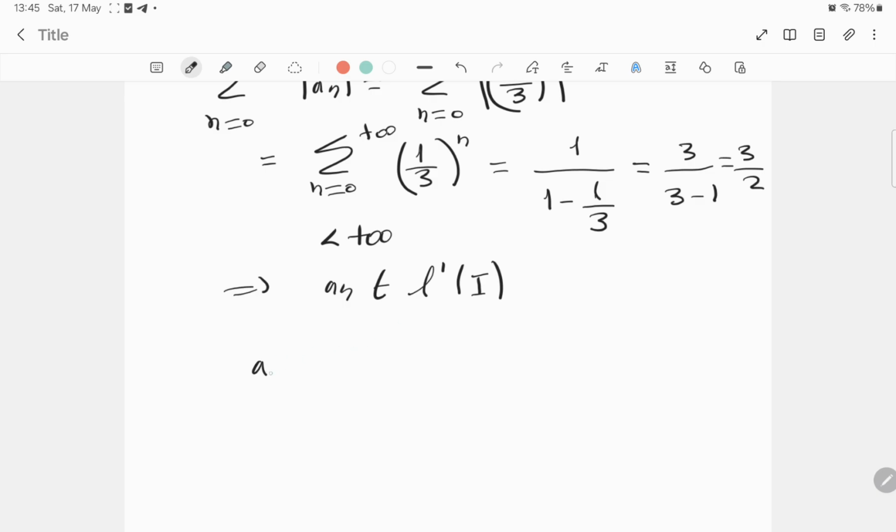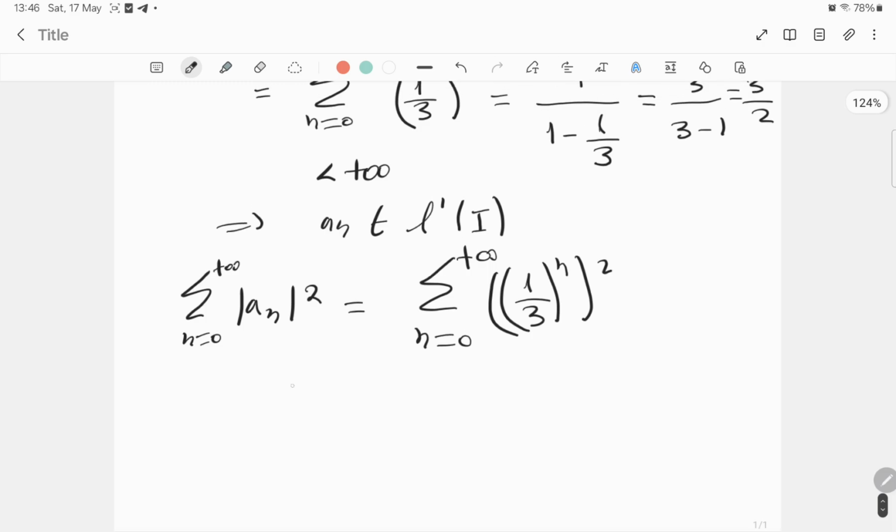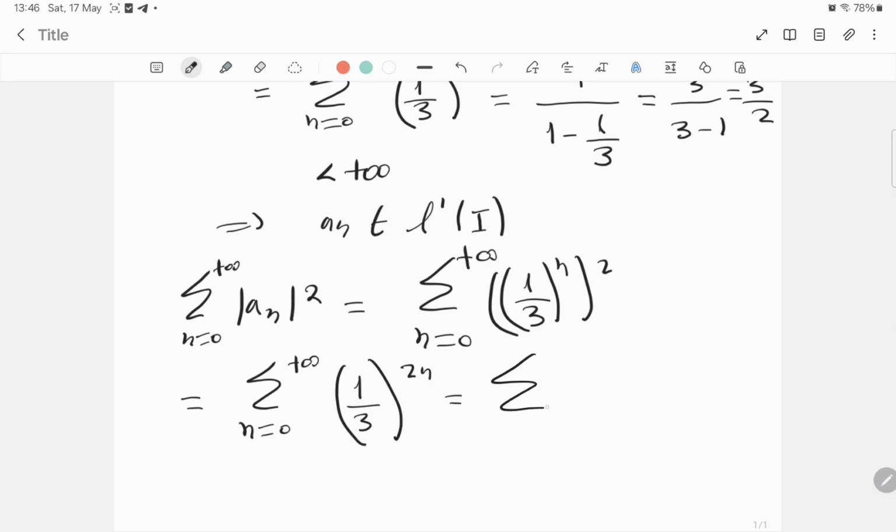Now we take the sum from n equals 0 to infinity of the absolute value of a_n squared. That's a third to the power of n, and that to the power of 2. We can use the laws of indices. This is going to be the sum from n equals 0 to infinity of a third to the power of 2n. And this can be written as the sum of 1 over 3 to the power of 2, all to the power of n.